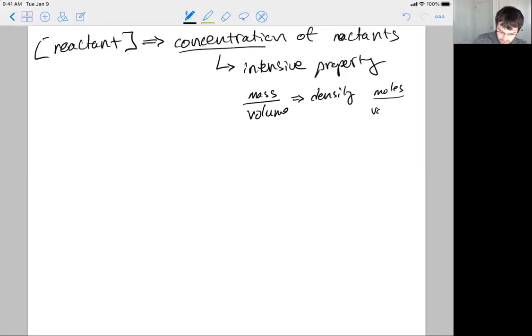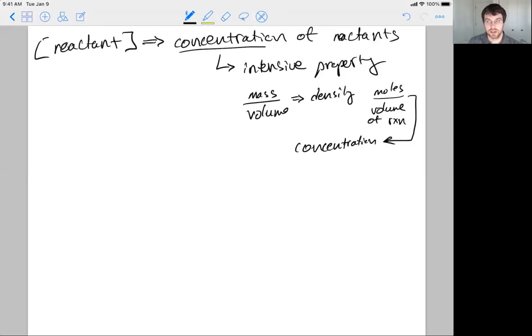Moles over volume of reaction, that's equal to concentration. Density is fixed for a particular substance at a certain temperature. For example, the density of water at standard temperature and pressure is 1 gram per milliliter.